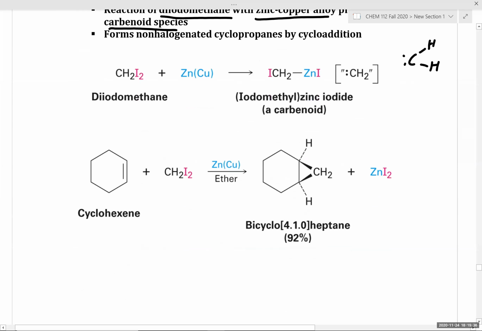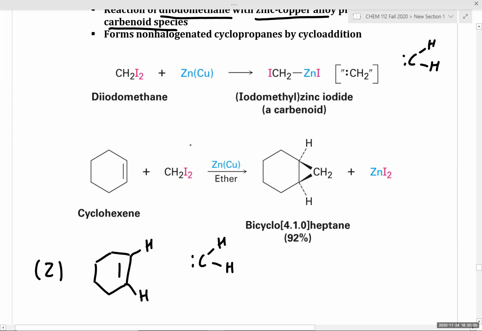Okay, so once we have our carbene generated, the mechanism is identical to your typical carbene addition. So in this case, what kind of alkene are we dealing with, Z or E? Always keep that in mind. What type of alkene are we dealing with? Z, okay. So we generate our carbene this time.